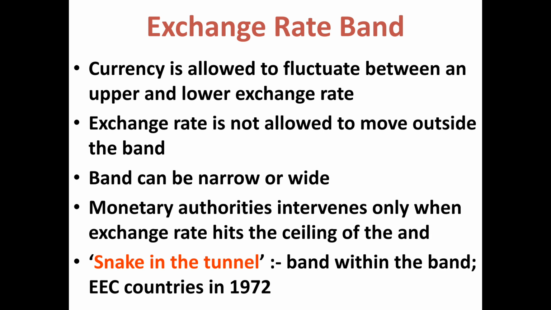When we have a band within band, like in the case of 6 countries of European Economic Community who followed a system in which their currencies were allowed to fluctuate within 2.25% band relative to that of 4.5% relative to other countries of the world, we have a band within the band. In that type, we also call it a snake in the tunnel.